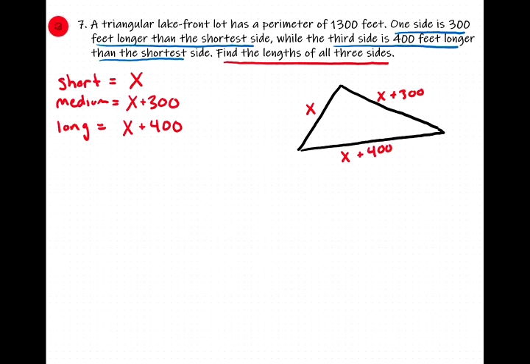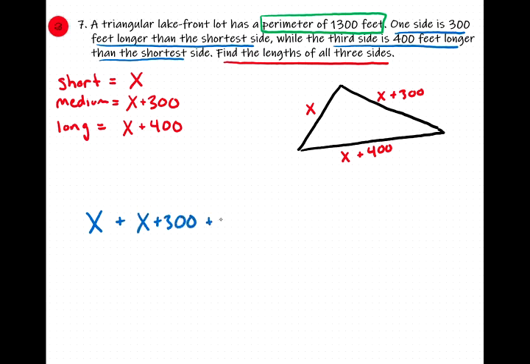And now to make our equation, the perimeter is 1,300. And that is how we create the equation for this problem. The perimeter means you add up all the sides, the 3 sides. We have an x. We have an x plus 300.